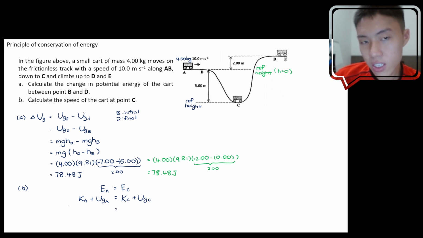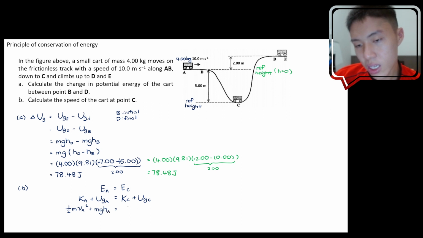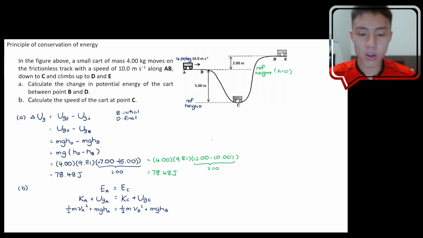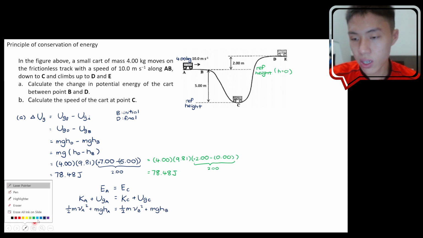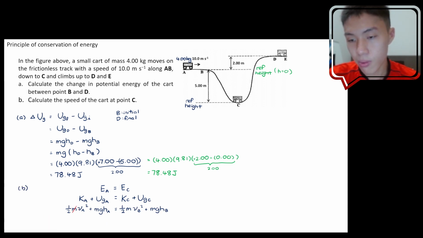Expand it further, this will be half m v_A squared plus m g h_A is equals to half m v_C squared plus m g h_C. The nice thing that we can see here is all the terms have m inside it, so we can cross out the m over here because they all share the same mass. Now you can proceed to your substitution.